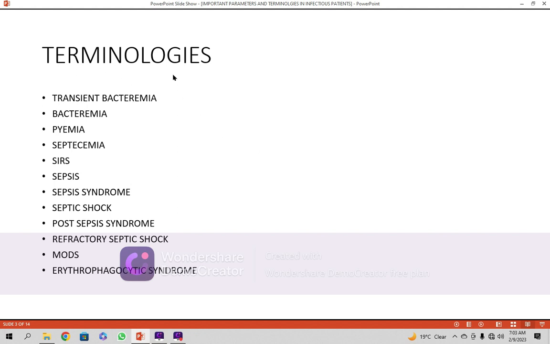The terminologies are: transient bacteremia or bacteremia, pyemia, septicemia, systemic inflammatory response syndrome, sepsis, sepsis syndrome, septic shock, post-sepsis syndrome, refractory septic shock, MODS, multiple organ dysfunction syndrome, or erythrophagocytic syndrome. In between, you can add one thing more, that is disseminated intravascular coagulation, which is the result of these problems.